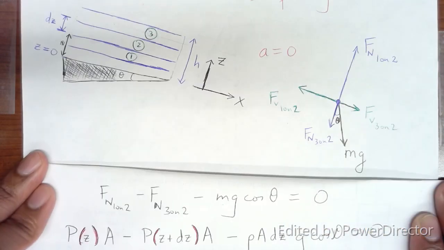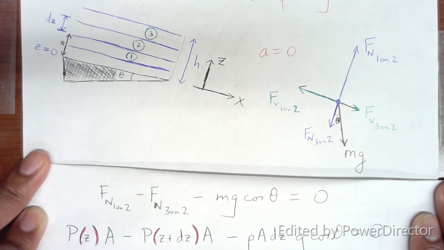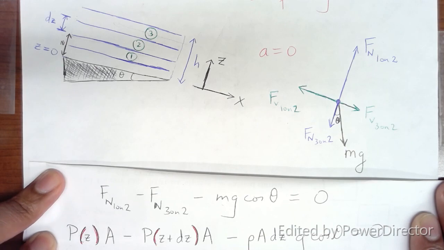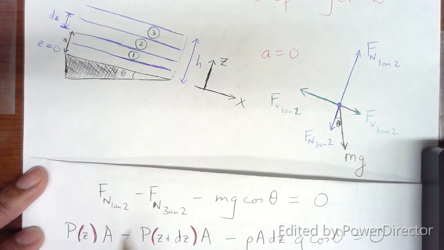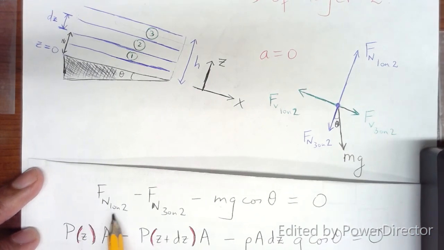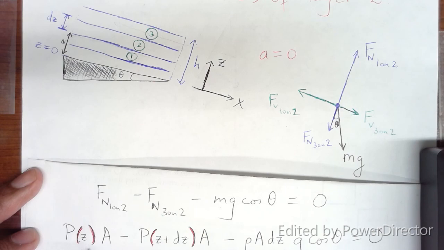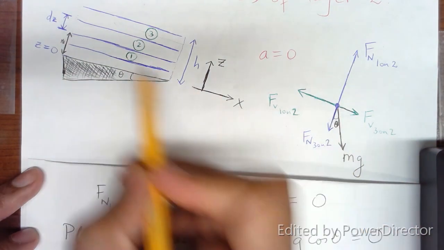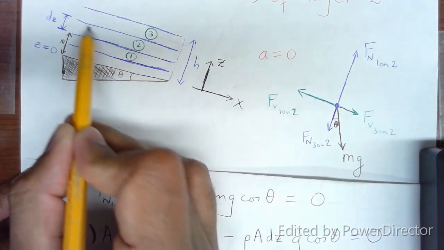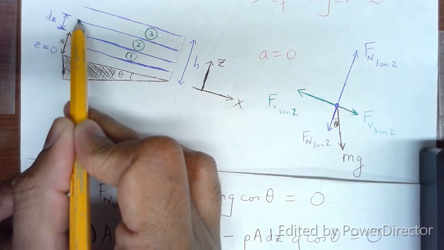So just for clarity, I folded the paper so you can see the diagram and relate it to the equation that we got. And so we see that, yes, the interface of layers 1 and 2 was at distance z. So we had pressure evaluated at z. Similarly, the normal force of 3 on 2, which was pointing downward, was happening at a position of z plus dz.